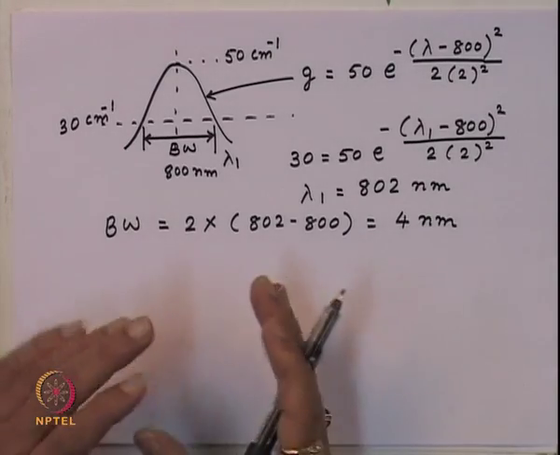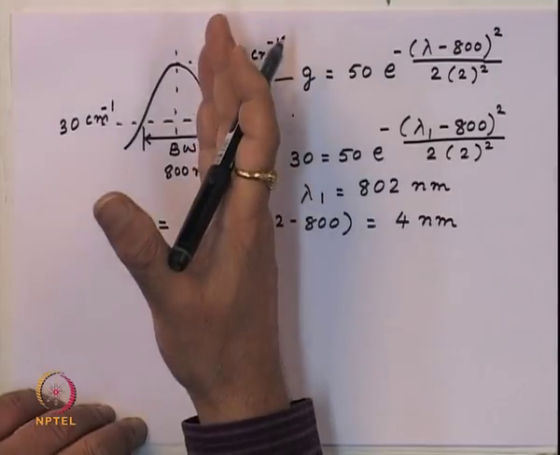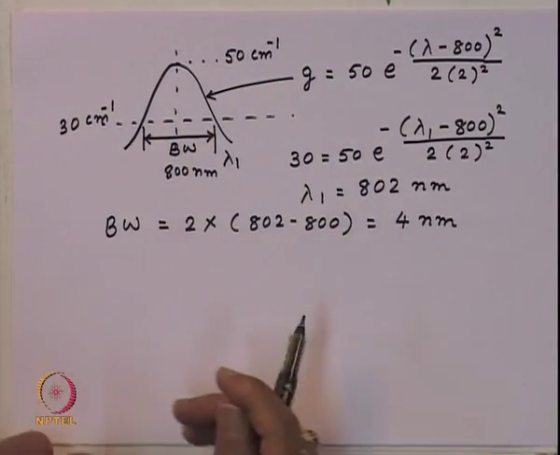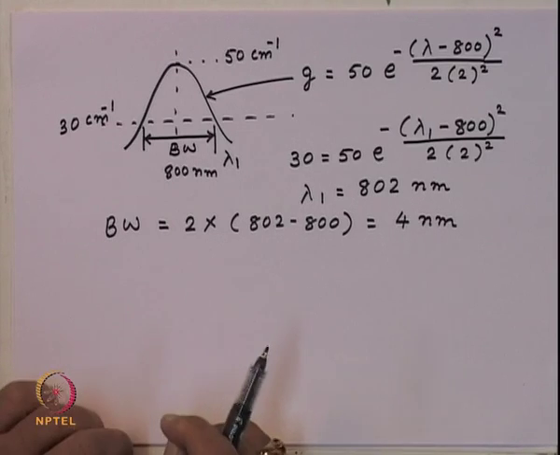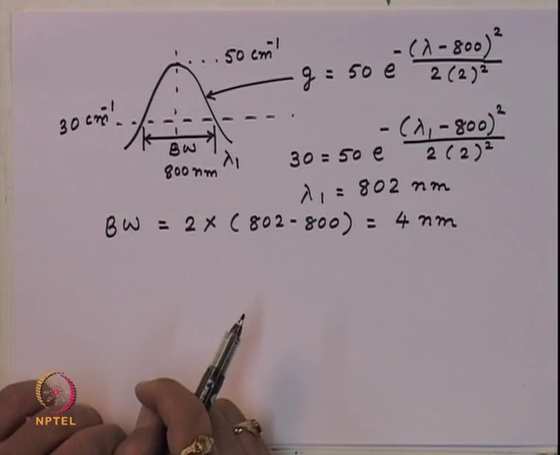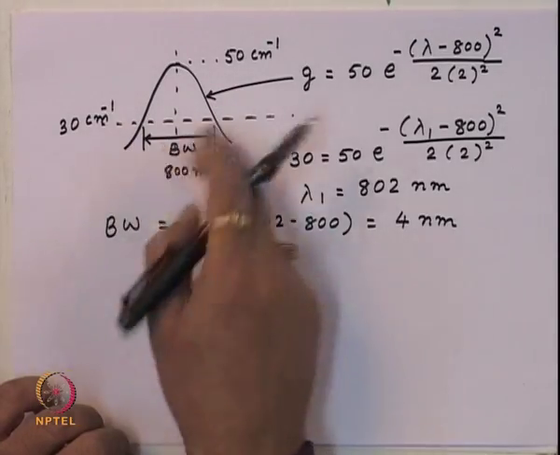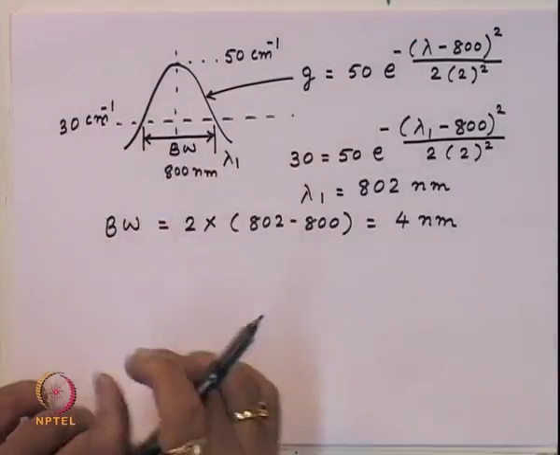We want to find out the total number of modes which are going to get excited in this bandwidth. So, again the exercise is very similar. We have to find out the mode separation in terms of wavelength, and if we get that, then we can find out the total number of modes in this bandwidth.